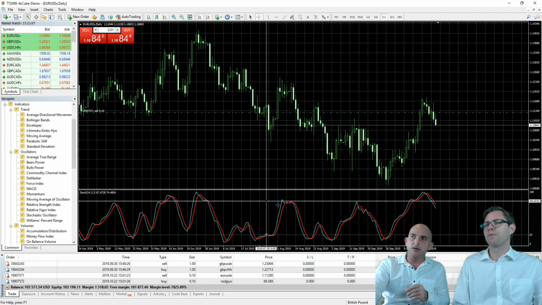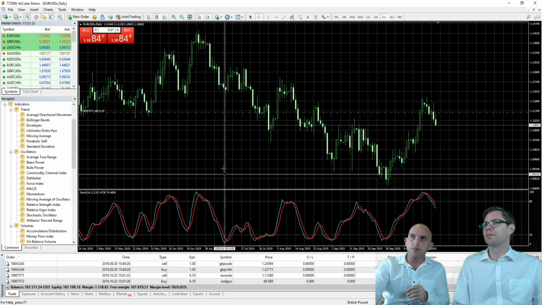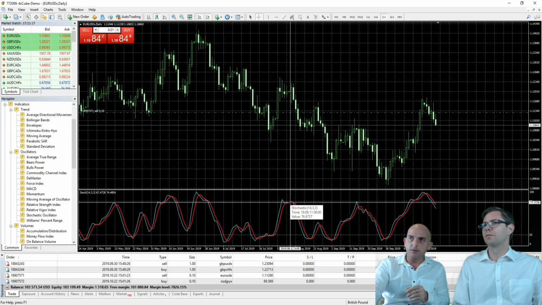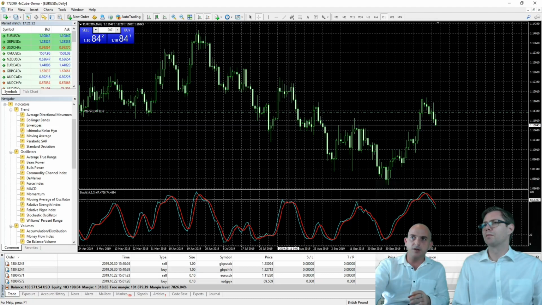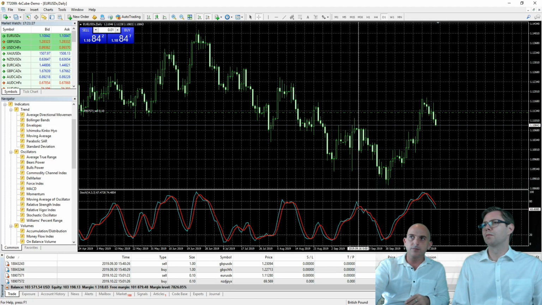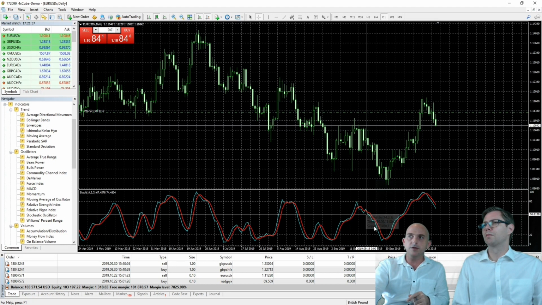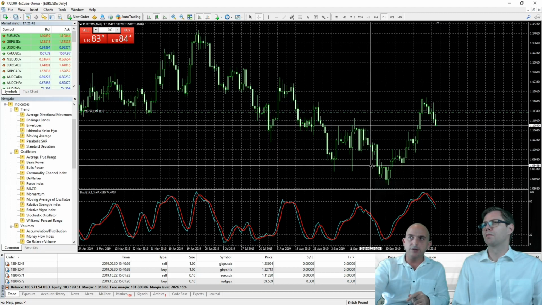Let's say here we're in a downtrend, and the crossover and the peak of the stochastic in a downtrend is high here. It's at 80, but the crossover here is lower than 80. It's more like 60 or 70. So we're seeing again another reversal, but there's a divergence now in a downtrend.